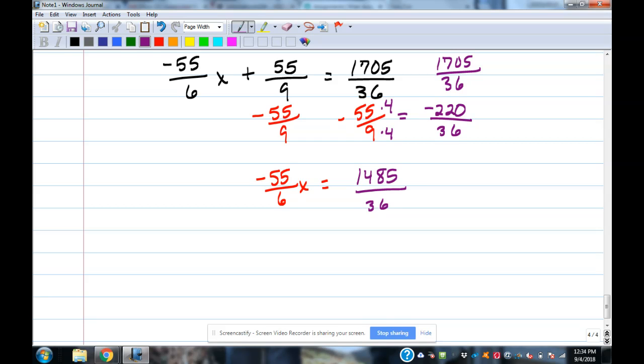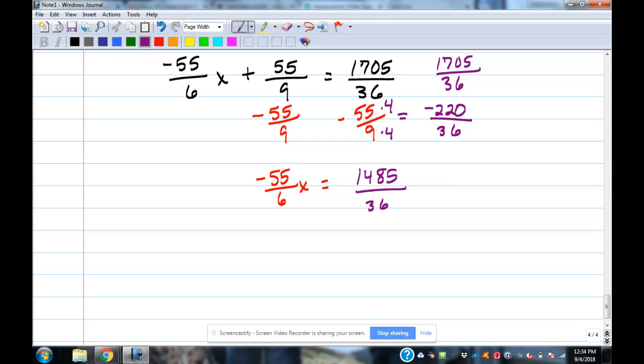That will actually reduce. I know that will reduce because 1 plus 4 is 5, plus 8 is 13, plus 5 is 18. So I know that top number has the digits of 18, so I know that it's divisible by 3 and 9. 36 I already knew was divisible by 3 and 9 because it's a small number.